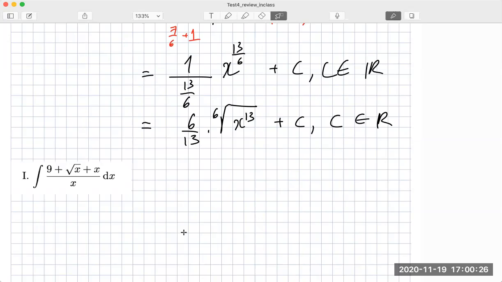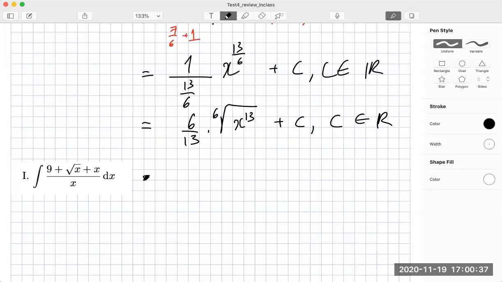Okay. It looks complicated. What should we do? Can't we take everything and put it like, I don't know how to explain it, but I know what I'm trying to say.